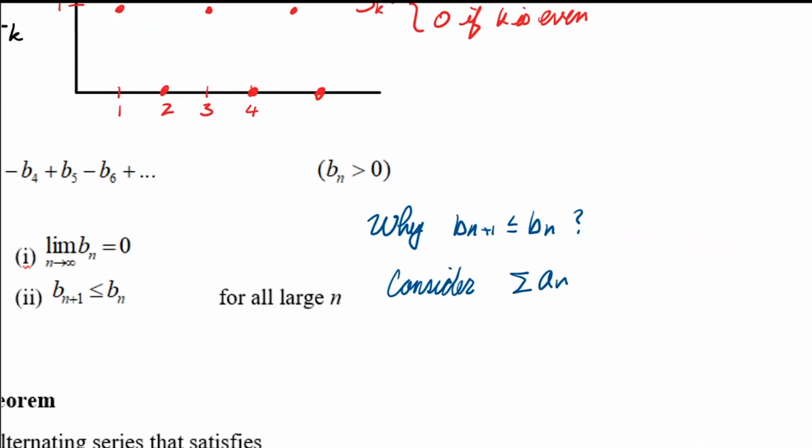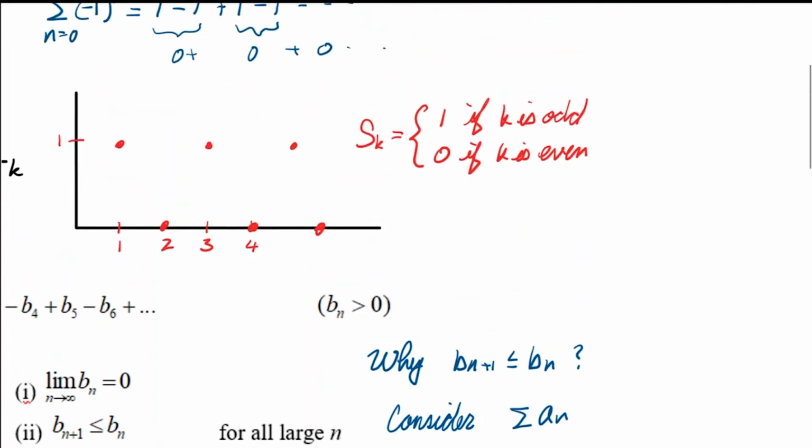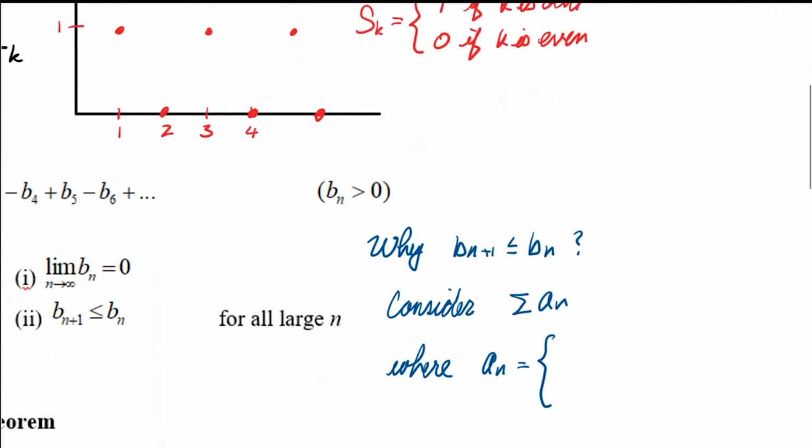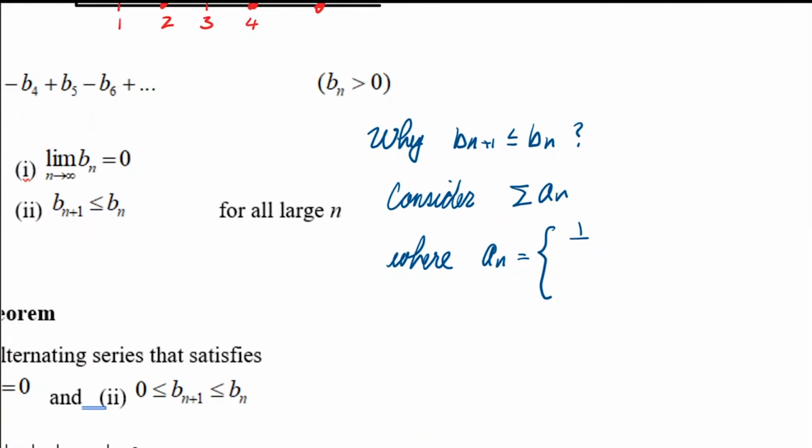So a_n, and then she will define a_n like this. It's kind of similar to this thingy up here, okay? We'll put 1 over n if n is odd, and then we'll put negative 1 over 2n, so the signs alternate, if n is even.